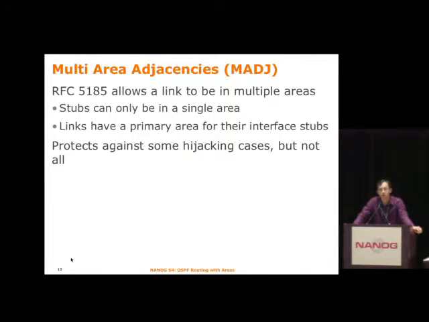So stubs still can only be in a single area. Links can be configured in multiple areas, with only one primary area, which is the area where the actual interface IPs are advertised as being in. And so this allows configuration against some hijacking cases, but also adds some complexity.